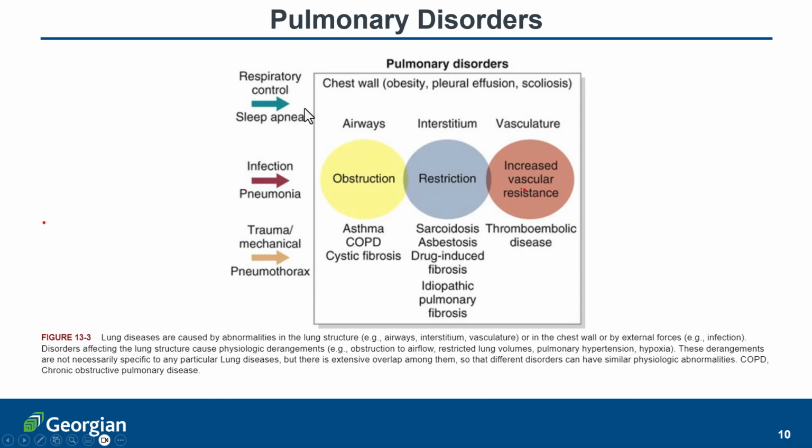There are also pulmonary disorders related to the respiratory control and infection, as well as trauma. So we'll examine all of these, probably not sleep apnea, which you'll cover in the other nursing courses, but we'll examine various infections of the lungs, such as pneumonia. We'll look at pneumothorax and then all these disorders, especially focusing upon the obstructive lung disorders and PE as well.